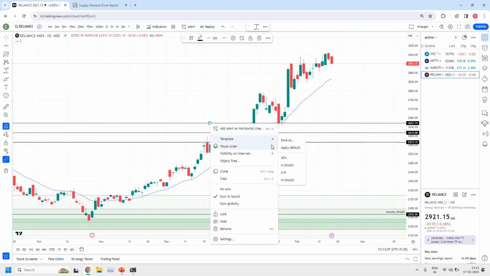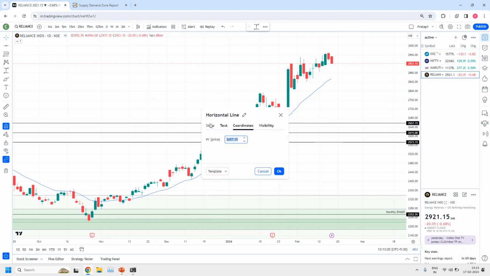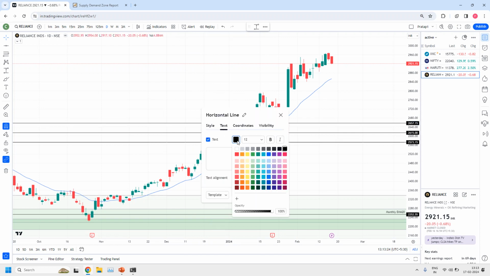Let me change the template to the weekly. I think I did not create a template for the daily EMA. Anyway, I do one thing. I will change the color to blue or red so that we can understand.